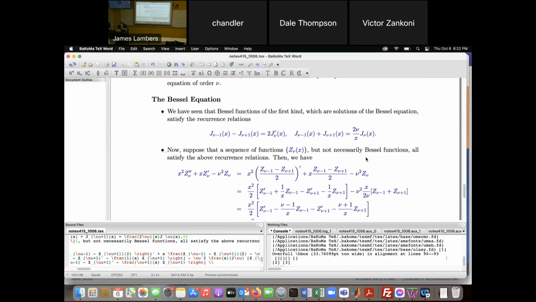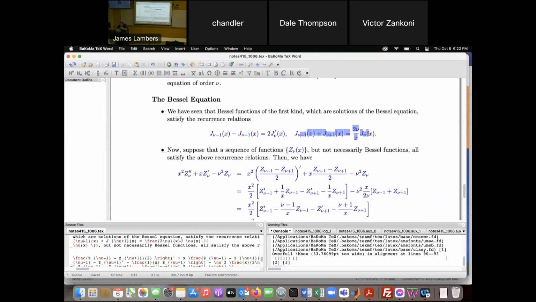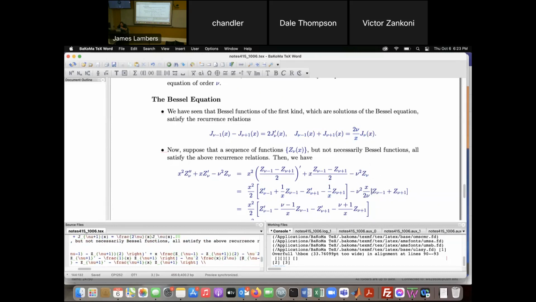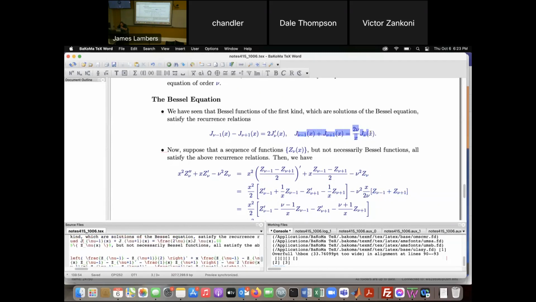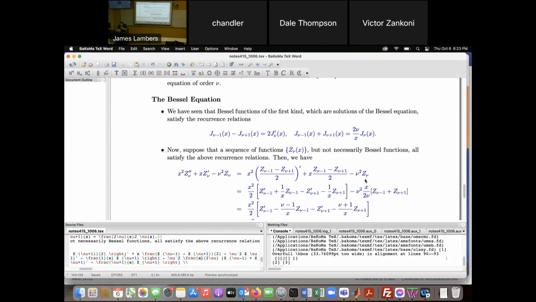Also, here I have z nu. I'm using this recurrence relation to rewrite that. So I took this one, divided both sides by 2 nu over x, and made that substitution here on the right side.